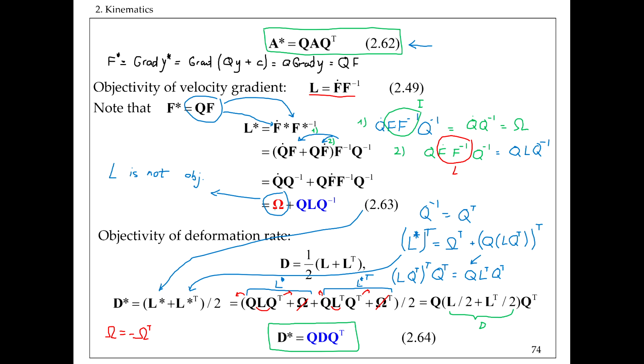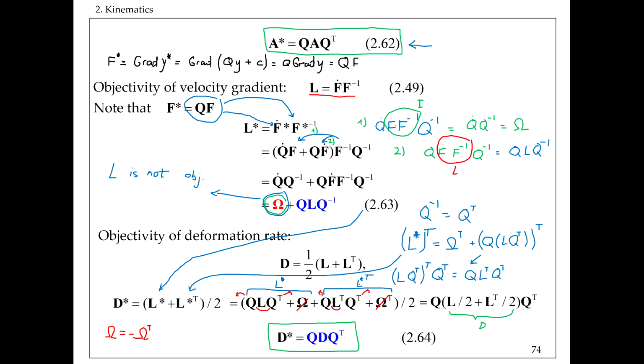But as you see, because of this transposition, this term, the spin of rigid body motion, theta, was eliminated at the end because of the structure of the deformation rate. So we were able to eliminate that spin of rigid body motion and show that the deformation rate is indeed objective. So it's not affected by rigid body motion.